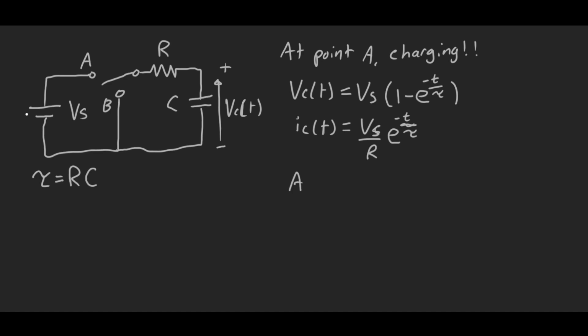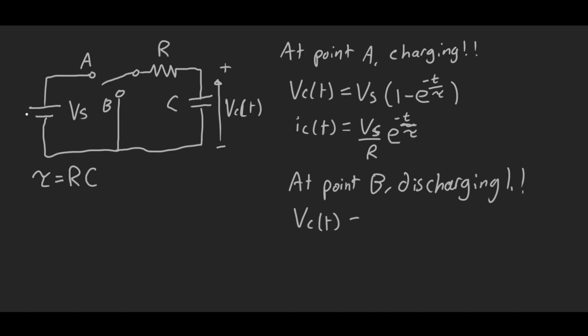And when we connect the switch to point B, the capacitor is now in a discharging operation. So the voltage formula for this discharging operation is this time equal to the voltage source multiplied by e to the power of minus t over tau.